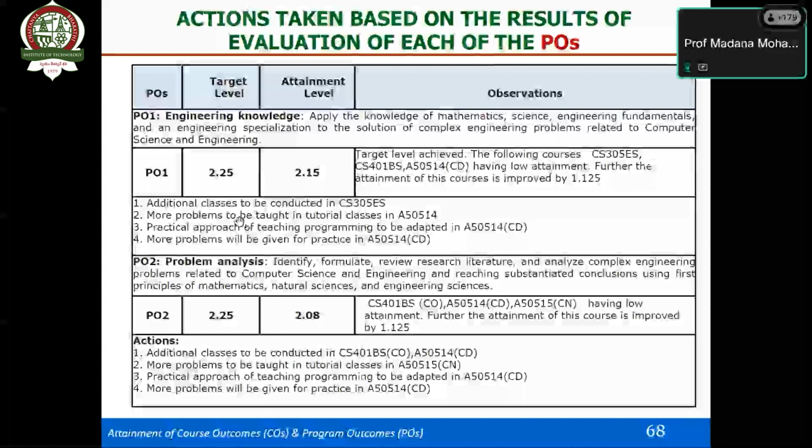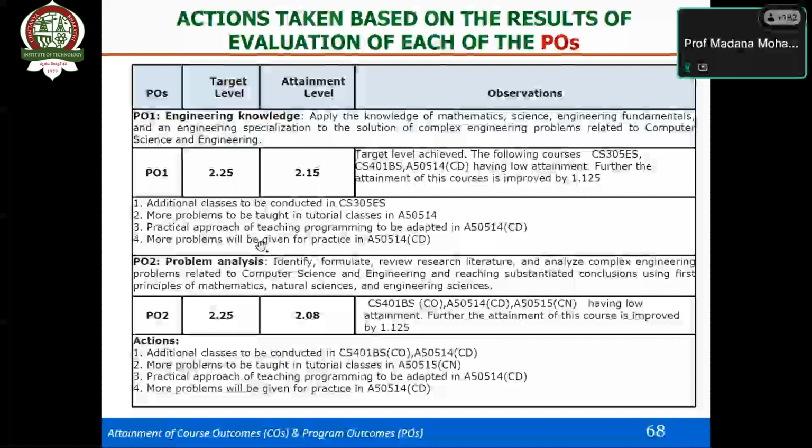For these observations, what are the proposed actions with respect to the courses you mentioned with low attainment value? Suppose additional classes to be taken in so and so course, more problems to be taught during tutorial hours, a practical approach of teaching programming if it is a practical linked course, more problems for practice if it is problematic.